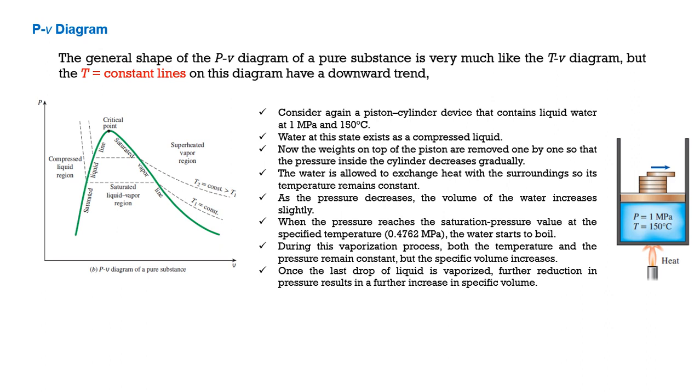If you remove one piece of weight, the pressure drops slightly and the specific volume slightly increases. When the pressure reaches its saturation pressure value, the water starts to boil. During vaporization, that is the liquid to vapor phase change, both temperature and pressure remain constant, but the specific volume increases.